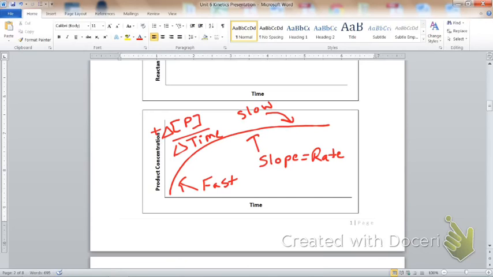Make sure you understand that kinetics deals with the topic of how fast things go. Understand what the rate is and how to calculate the rate using those two equations, and be able to graph the concentration of reactant versus time, as well as the product concentration versus time. All right, so that's it for this lecture video.